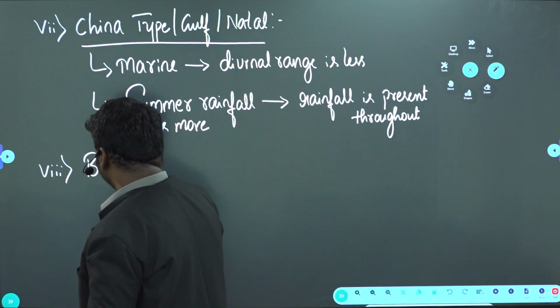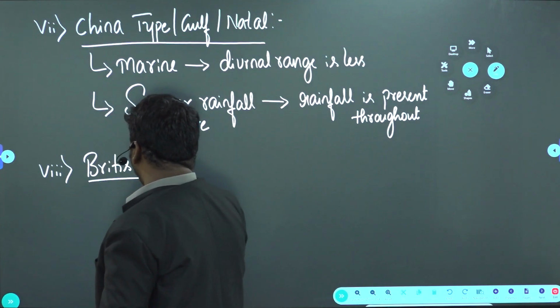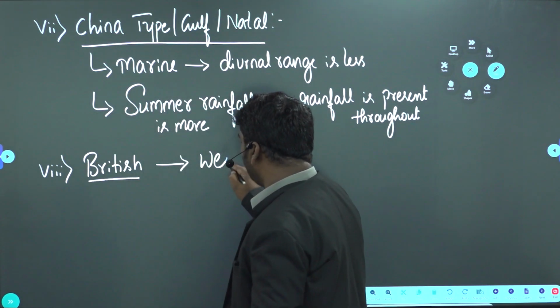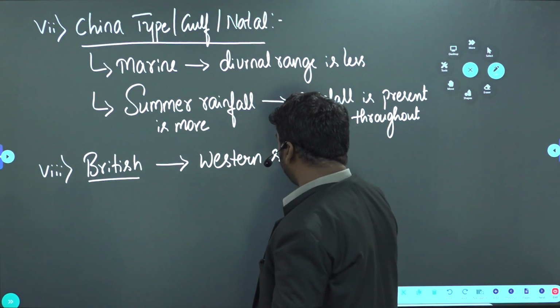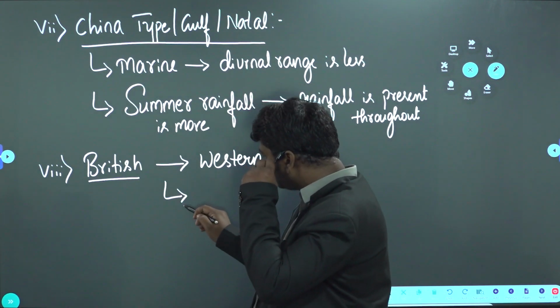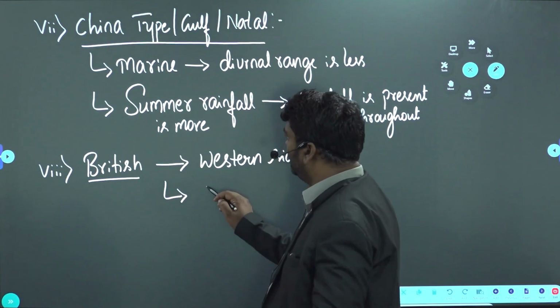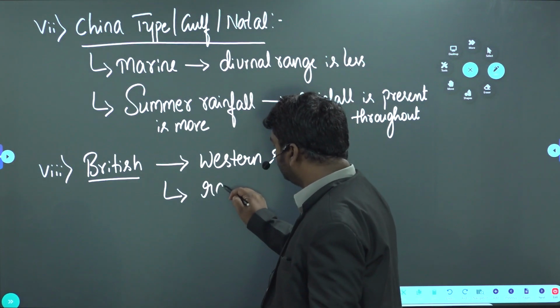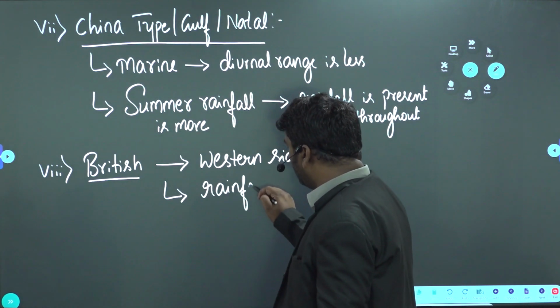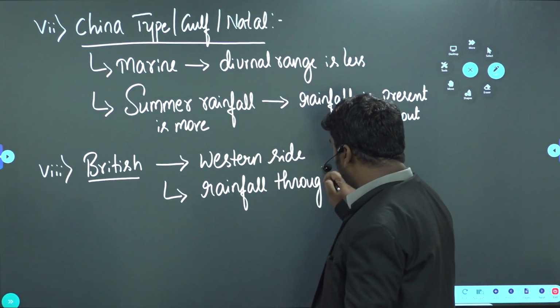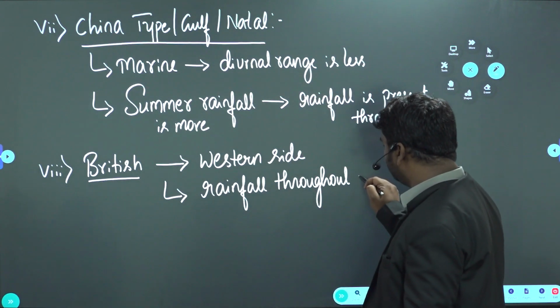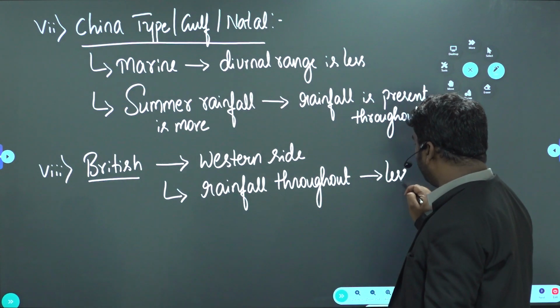British type, it is mostly on the western side. Rainfall throughout, but it will be comparatively less.